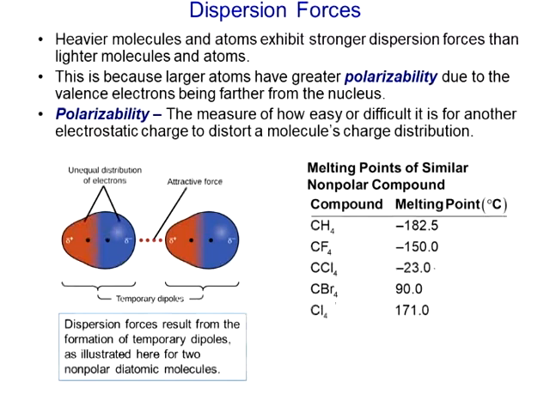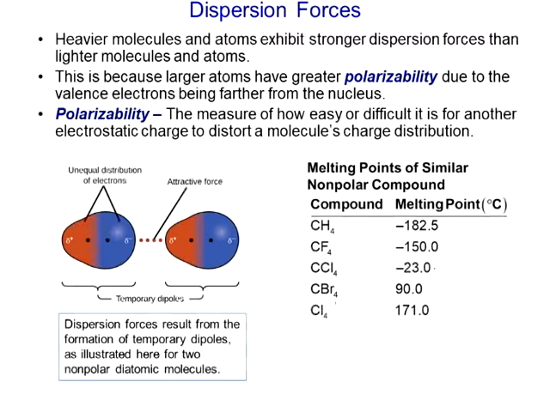It's interesting to note that heavier molecules and atoms exhibit stronger dispersion forces than lighter molecules and atoms. That is a trend that you will want to retain. Heavier molecules and atoms exhibit stronger dispersion forces than lighter molecules and lighter atoms. The reason for this is because larger atoms have greater polarizability due to the valence electrons being further from the nucleus.